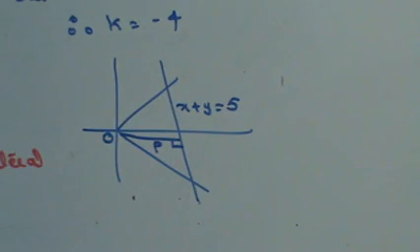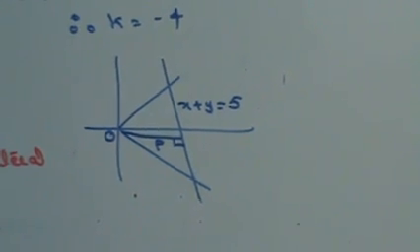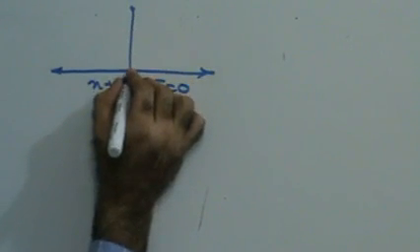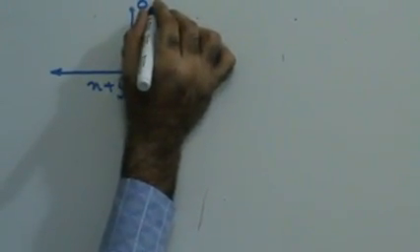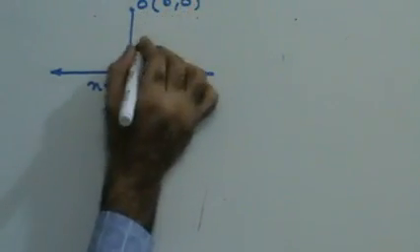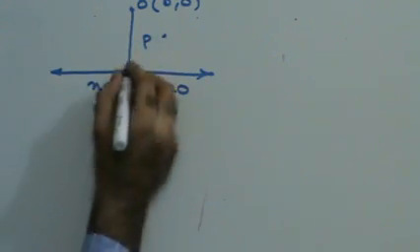Now I will show you this diagram once again without using the coordinate axis. In which case I will show you the baseline here. This is x plus y minus 5 is 0. I took 5 on the other side. And I will show you the origin here. Right? Origin is 0, 0. P is the length of the perpendicular.